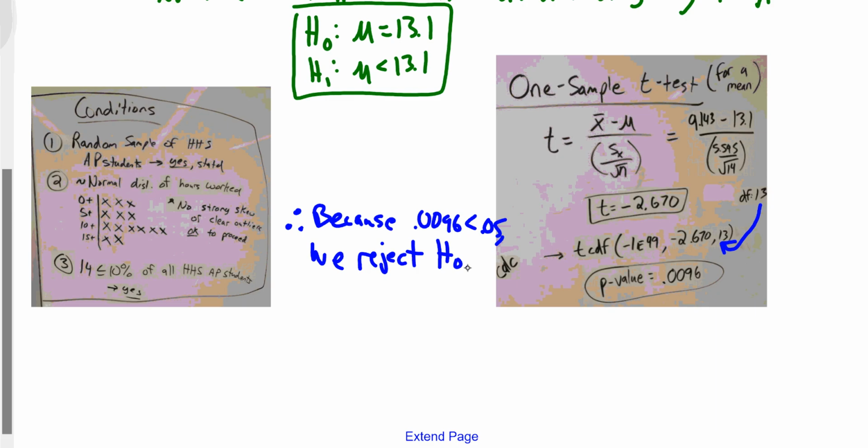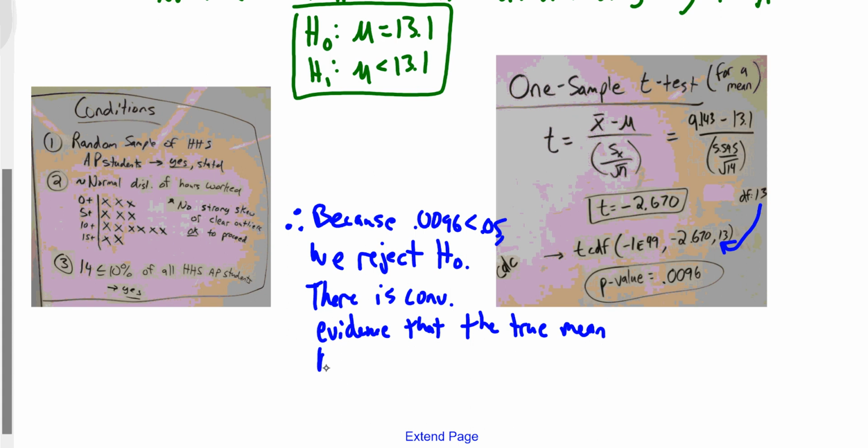We have, or there is, convincing evidence that the true mean hours worked weekly. This is where that context comes in.